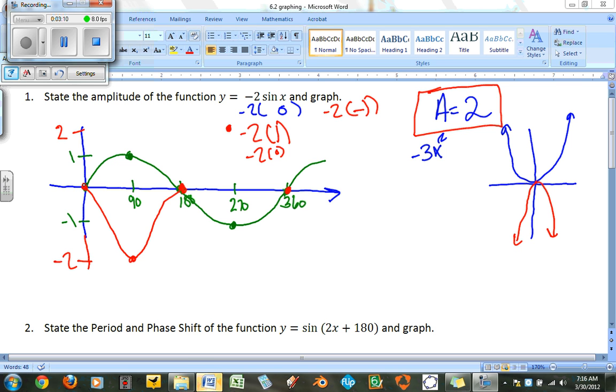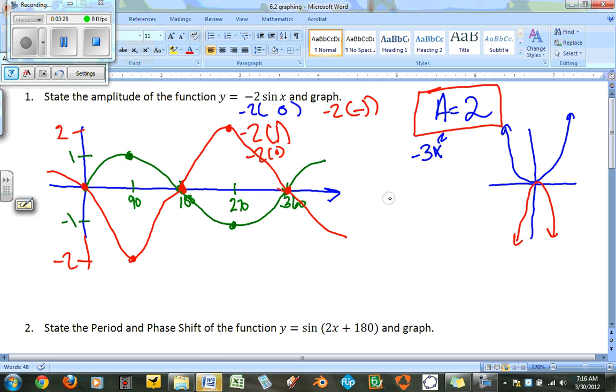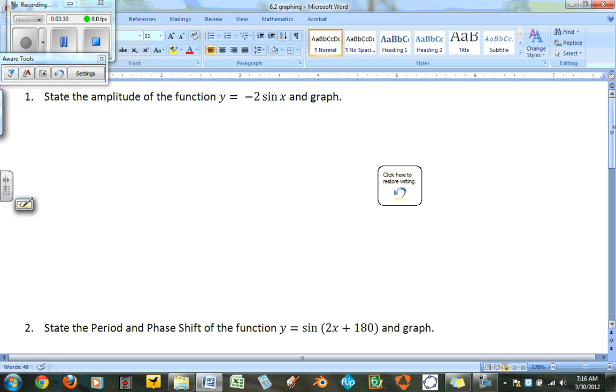Notice that by putting that 2 in front of it, it made it go much higher, and the negative sign also reflected it over the x-axis. These go on forever in the negative direction and in the positive direction. So that's what graphing something with a different amplitude looks like.